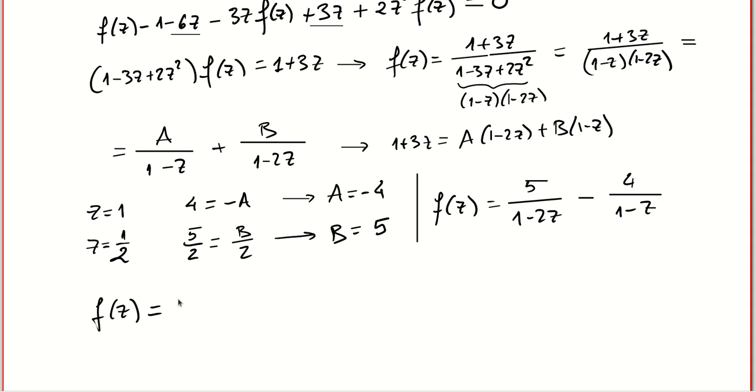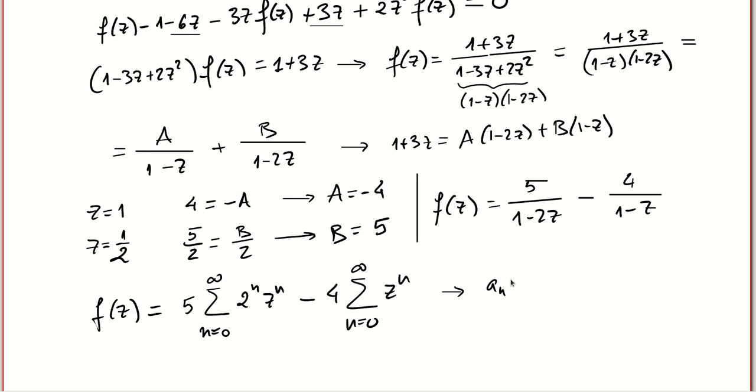So what we have is 5 times the sum from 0 to infinity, 2 to the n, z to the n, and there you have minus 4 times the sum from 0 to infinity, z to the n. Therefore, the coefficient a_n is equal to 5 times 2 to the n minus 4 times 1, so 4. So this is the solution to our recurrence.